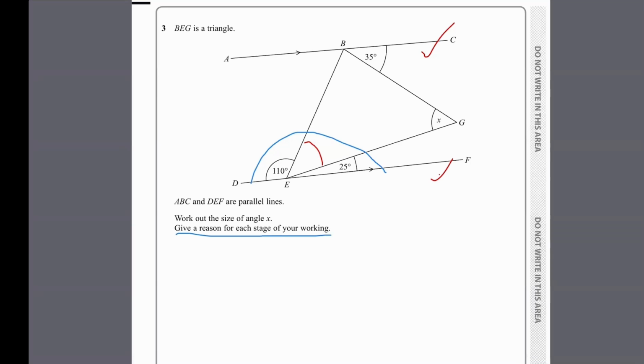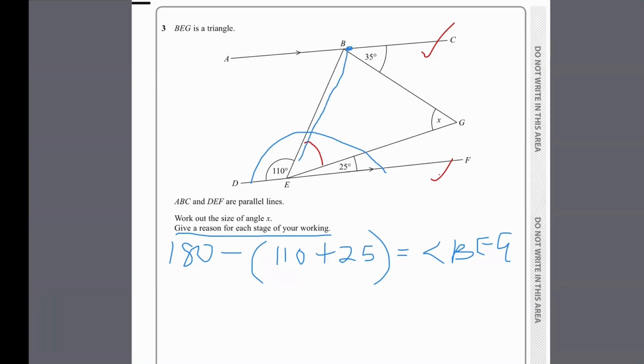So we can say 180 minus 110 plus 25 gives us the angle PEG. The PEG is simply from the P all the way to E and it goes to the G, which is the angle I've shown using a red tick.